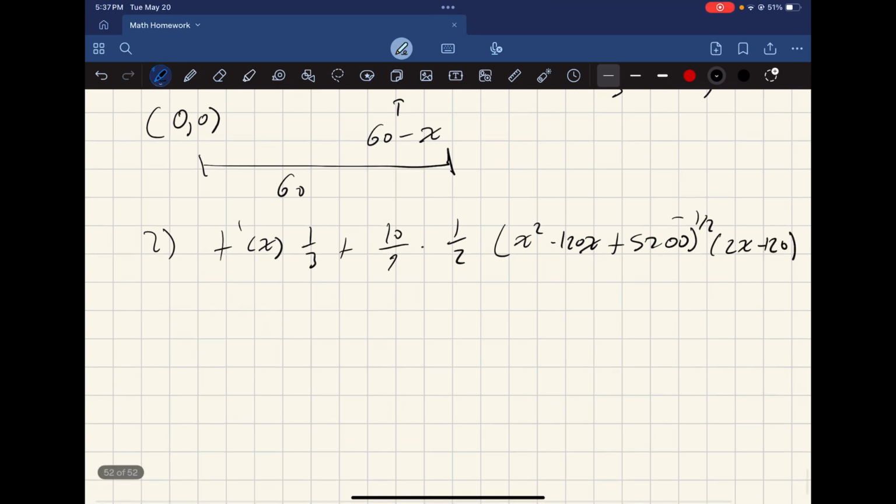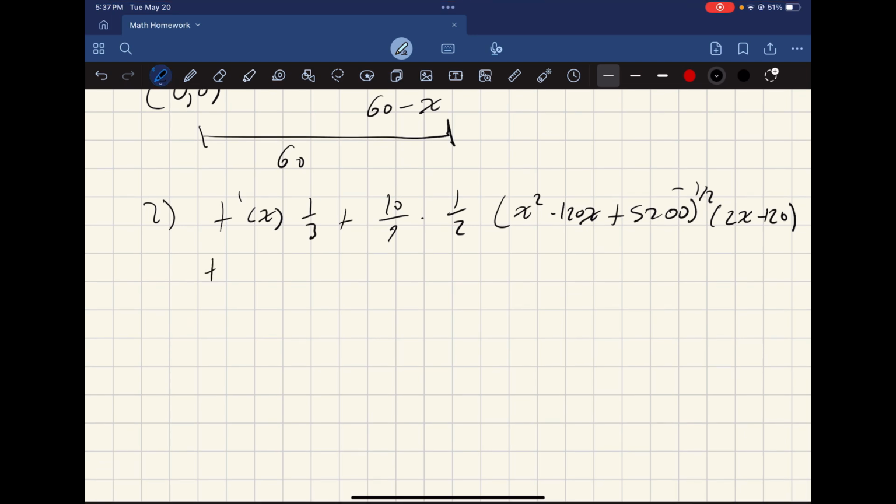And then simplifying this further, it is 1/3 plus 5 over 9 times (2x minus 60) over the square root of x squared minus 120x plus 5200.